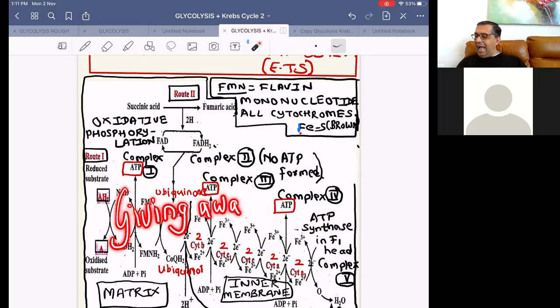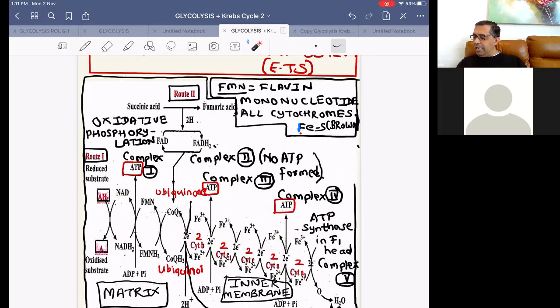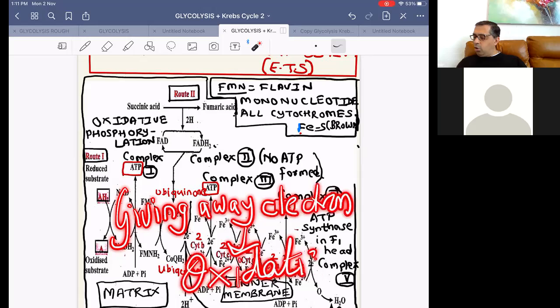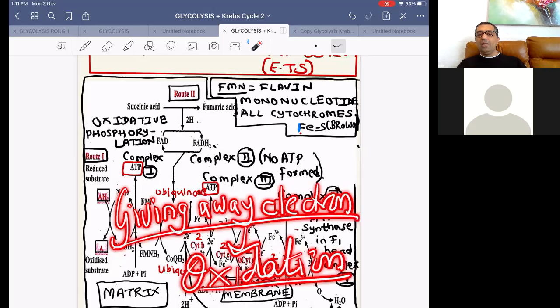Giving away electron is called as oxidation. तो ये आपको केमिस्ट्री में भी बहुत काम आएगा, जरूर याद रखना. Accepting electron is called as reduction. Giving away electron is called as oxidation.